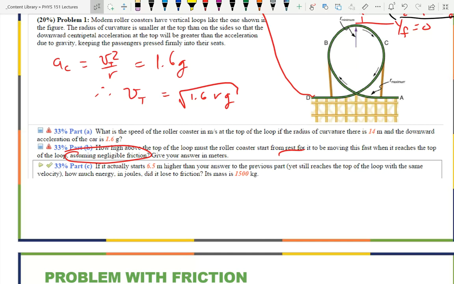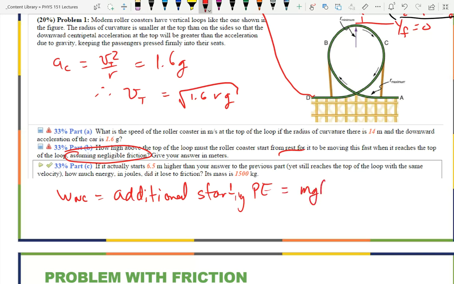So the amount I had to raise the potential energy is equal to the amount of energy non-conservative is going to take away. So I can short circuit this to work non-conservative is equal to additional starting potential energy, which is mg times my 6.5 meters, the additional elevation.